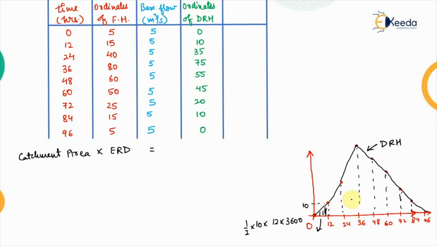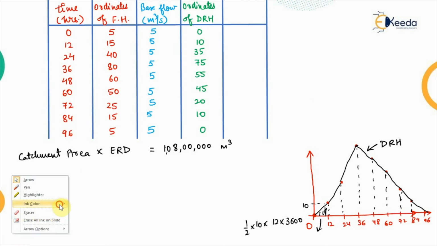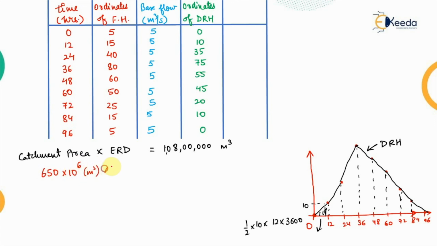Similarly for the trapezoidal portions, if we calculate the entire area, we will get 108 into 10 raised to the power 5, that is 1 crore 8 lakh cubic meter of runoff volume. Now the catchment area that we have is 650 square kilometer. So writing the catchment area as 650 into 10 raised to the power 6 square meter into the effective rainfall depth, that is equal to 108,000,000 cubic meter.